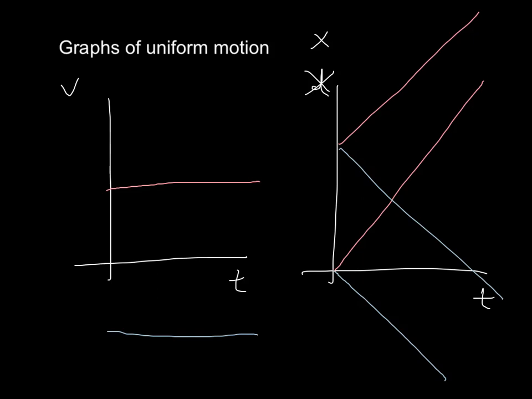Now, a really neat property of these graphs is that we can use this one to calculate things about this one. The reason is that if we calculate the area under the velocity time graph, what we get is the increase in displacement. So this area here will give us the increase in displacement at any time.